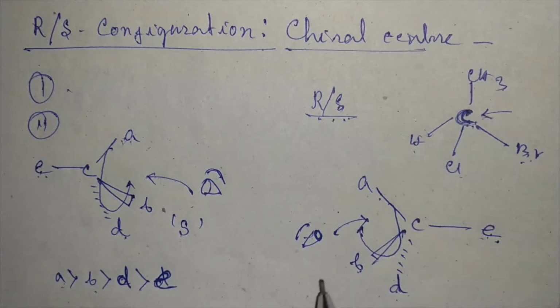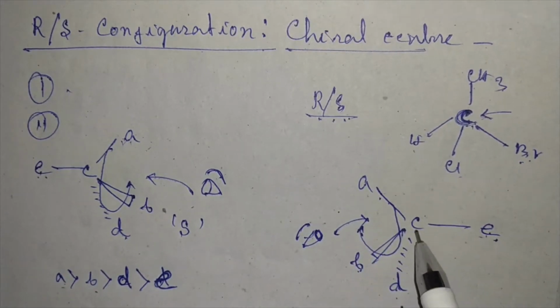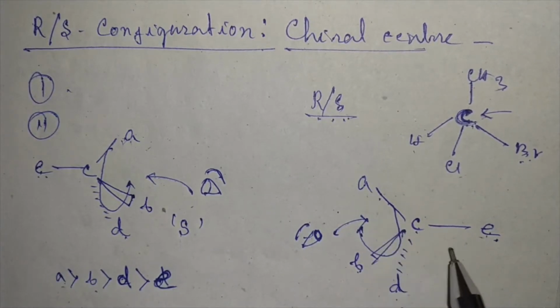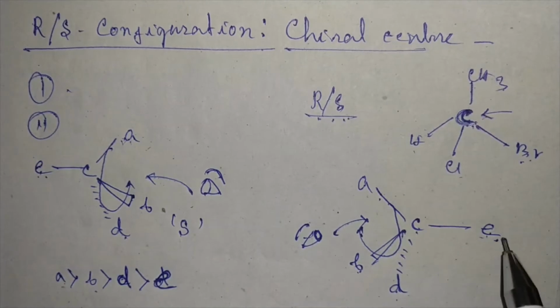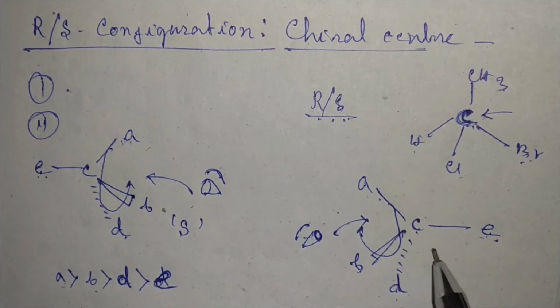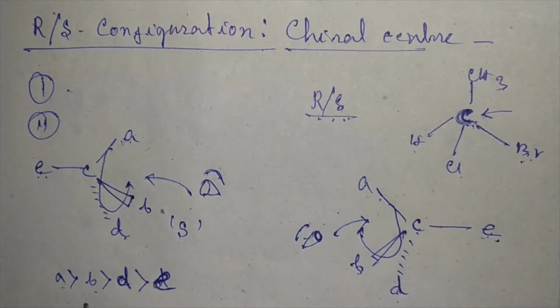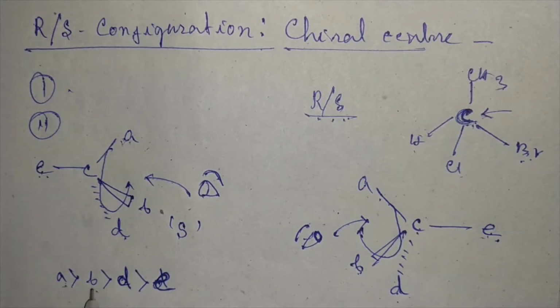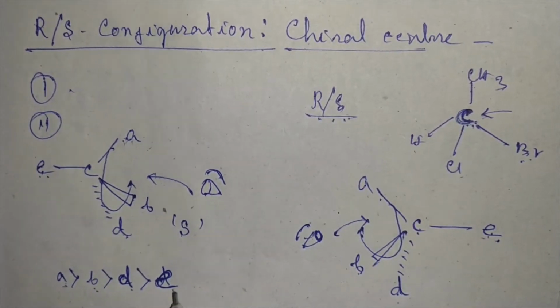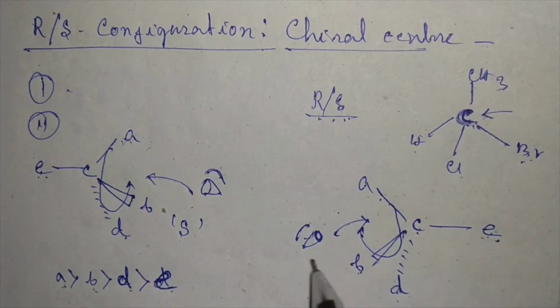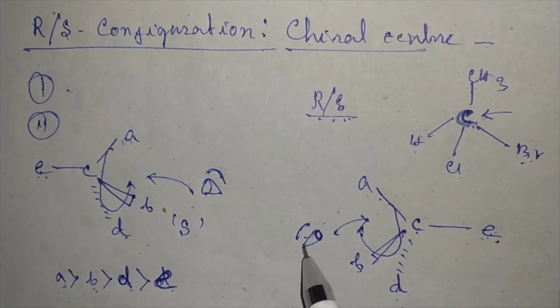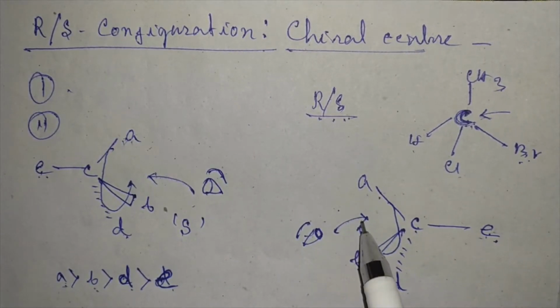Let's say for this molecule, this is carbon and four different groups, that is A, B, D and E attached to this carbon, and the priority sequence, let's say that A greater than B greater than D greater than E. So we are placing the E away from our eyes, so we are seeing this molecule in this way.